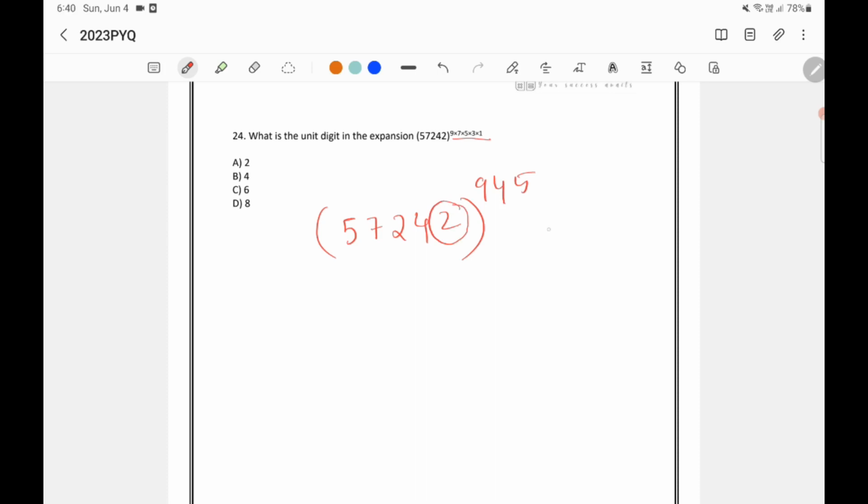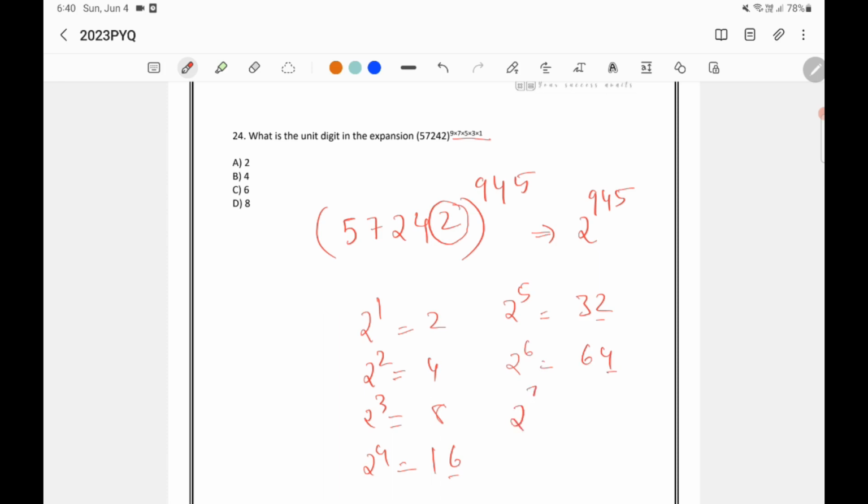That is, we just need to check what is the unit digit of 2 raised to 945. Okay, so we know that 2 raised to 1 is 2, 2 square is 4, 2 cube is 8, 2 raised to 4 is 16. 2 raised to 5 is 32, 2 raised to 6 is 64, 2 raised to 7 is 128, 2 raised to 8 is 256.